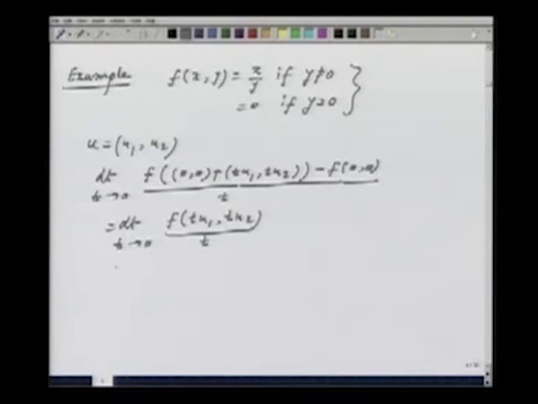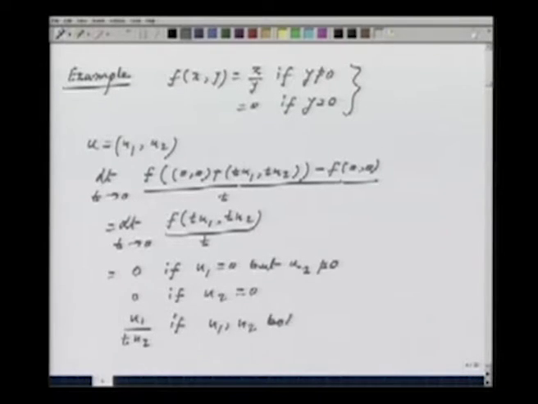Now this is 0 if u1 equals 0 but u2 is not equal to 0, and this is also 0 by definition if u2 equals 0, and this is equal to u1 by t u2 if u1 and u2 are both non-zero.